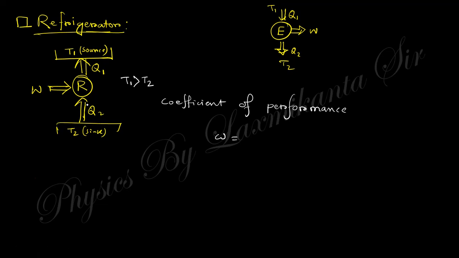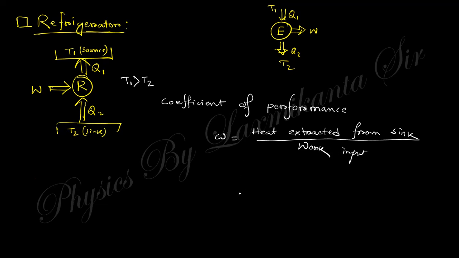Here our output, since we want to reduce the temperature of the sink, is Q2. That means the heat extracted from the sink, by the input. Here the input is the work done, that is the work input. This is the definition of coefficient of performance.